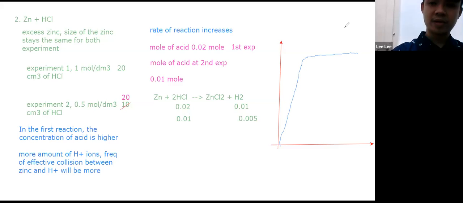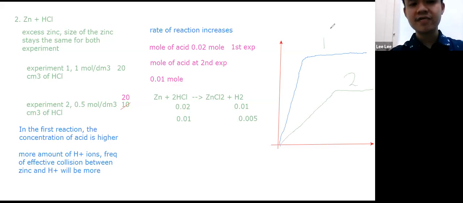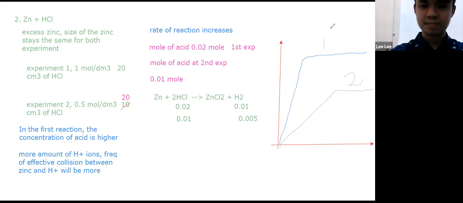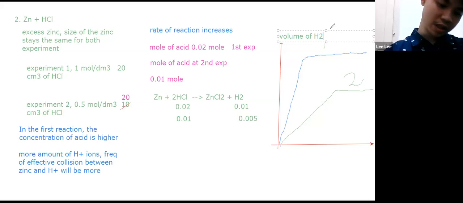Your second experiment, so will they have the same end product in this case? Your volume of H2 collected, can it be the same? No. It won't be the same because you have a different amount of mole in the limiting reactant.